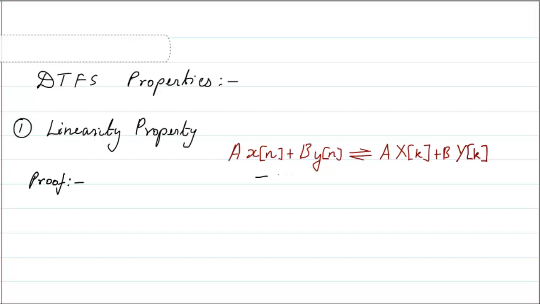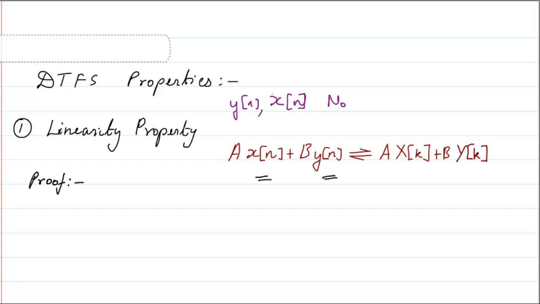each having a periodicity of N naught. So always remember, I am not writing that explicitly, but it is always there that x of n has a periodicity of N naught. Similarly, y of n also has a periodicity of N naught.